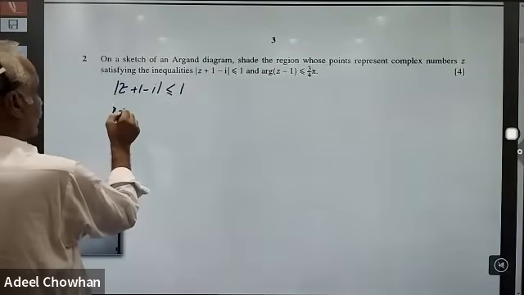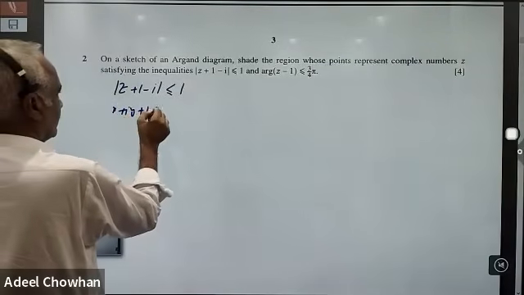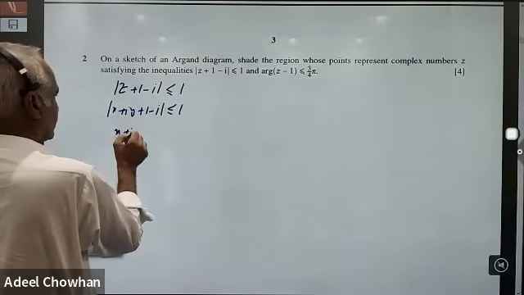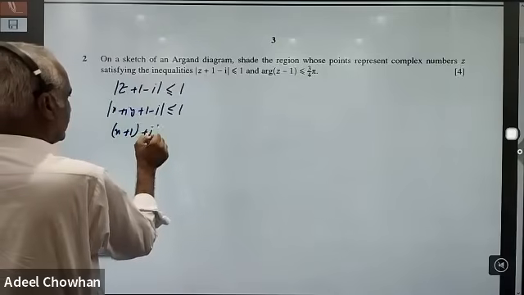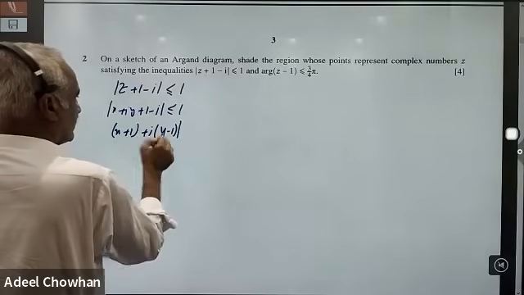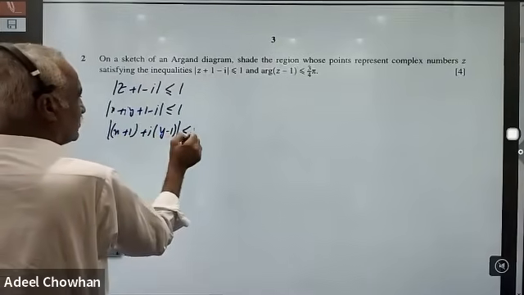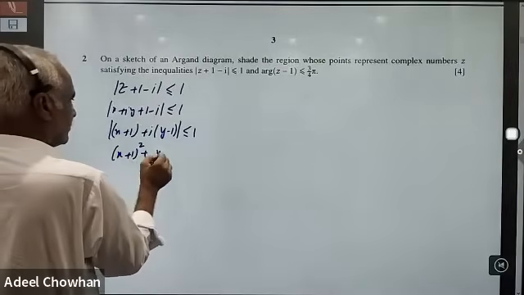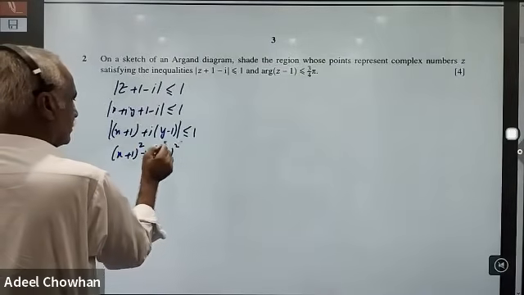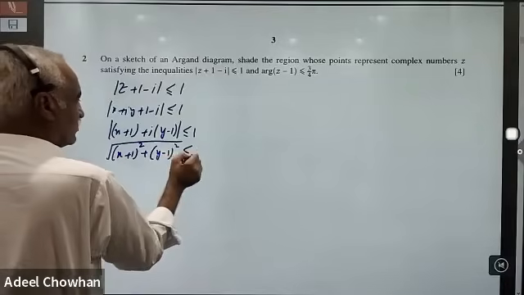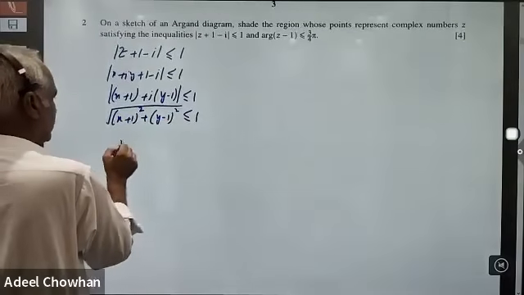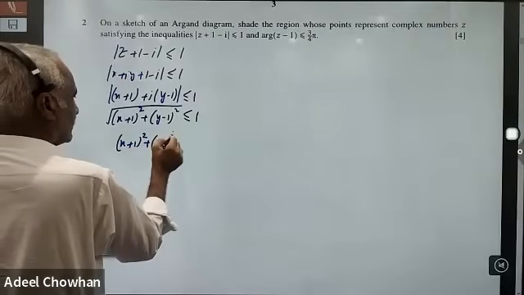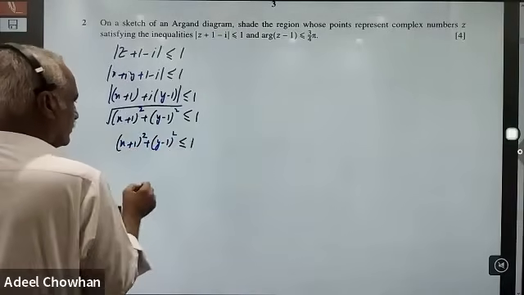So it is |x plus iy plus 1 minus i| less than or equal to 1, or |(x plus 1) plus i(y minus 1)| is less than or equal to 1, or the square root of (x plus 1) whole square plus (y minus 1) whole square is less than or equal to 1, or (x plus 1) whole square plus (y minus 1) whole square is less than or equal to 1.